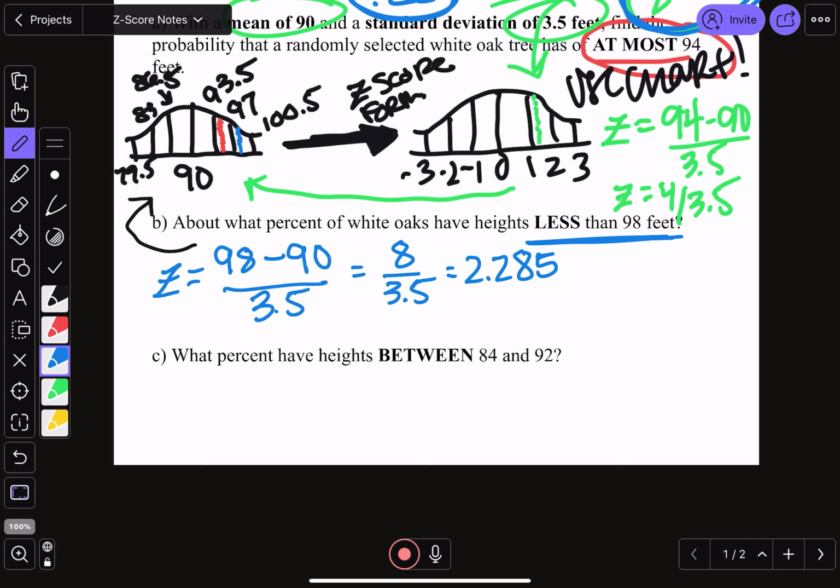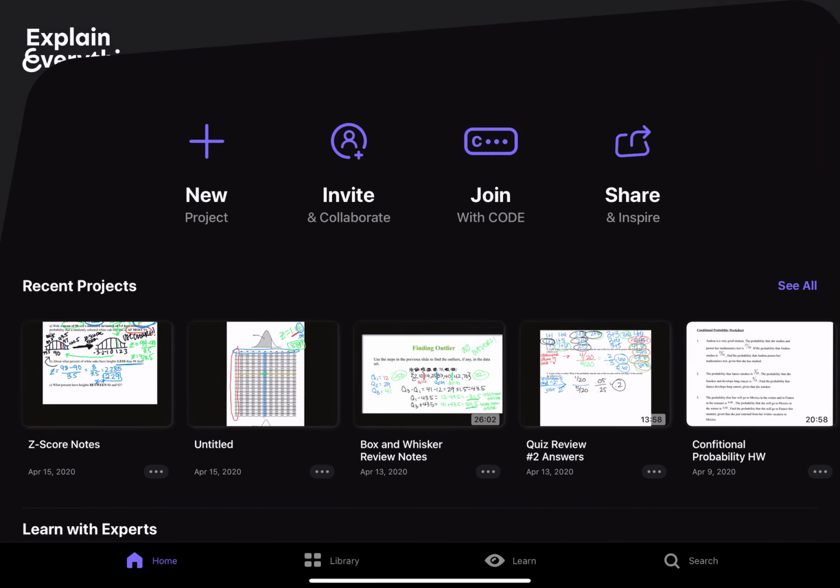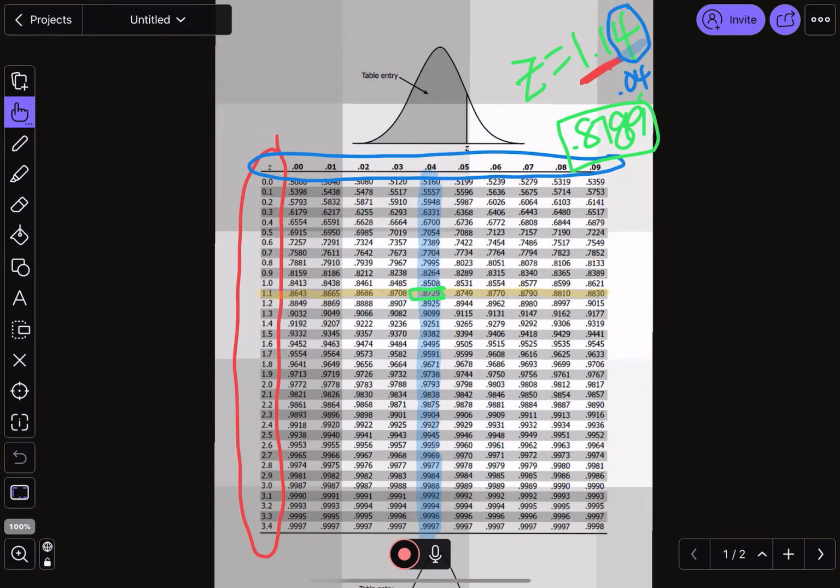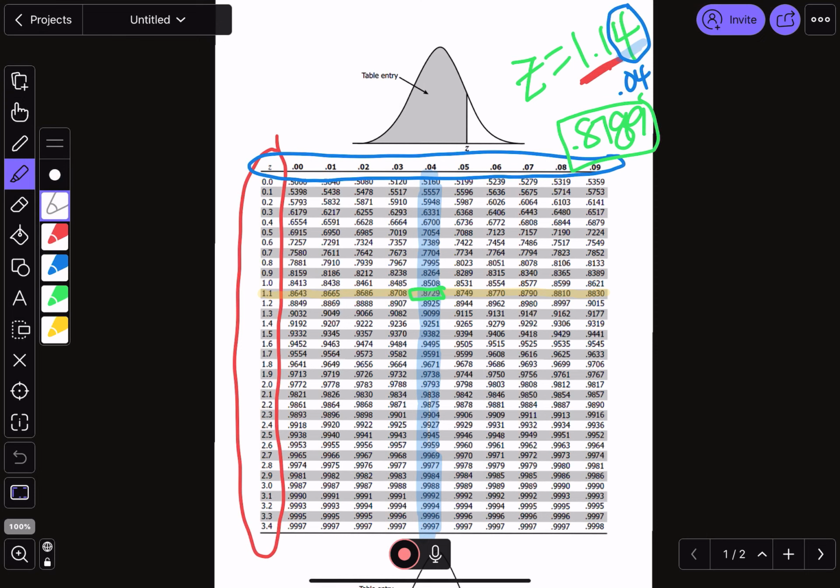Okay, now since your z-table counts to 2 decimal places, you could look on your z-table at 2.29. So this is your z-score. Okay, we're going to use that to find the probability. So we're going to go back to our z-table. I'm going to erase all this so that we can highlight everything again.